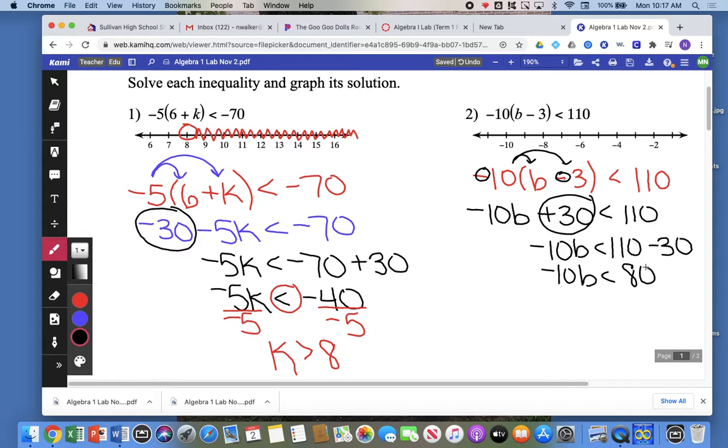All right, so on this last one, what are we going to divide by? All right, negative 10. Okay, do we need to flip our sign or keep our sign? All right, the coefficient was negative. We flip it. Positive 80 divided by 10 is negative 8. Do we see negative 8 on our number line? Yes.